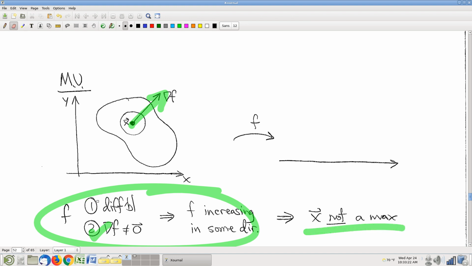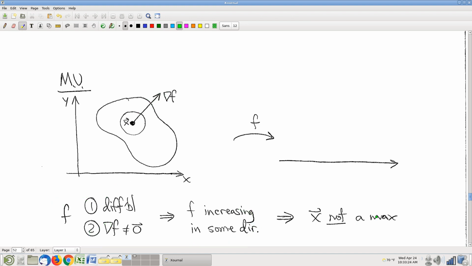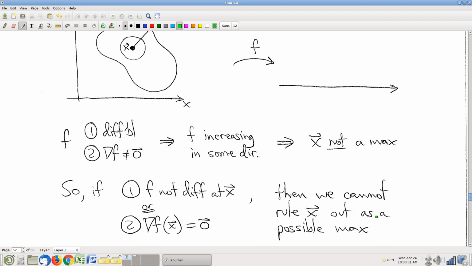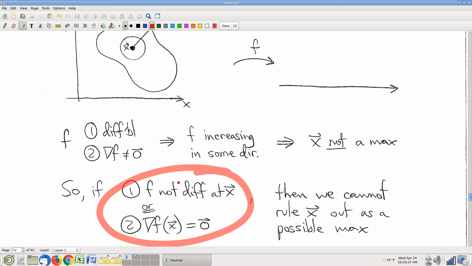So here's our ruling out process. This is how we find not maxes. Now, how you find maxes is a different story. It's sort of the opposite. Anything that I can't confidently confirm is not a max, I'm going to have to call a possibility. I'm not really sure what to do with this point. The name for that is critical point.